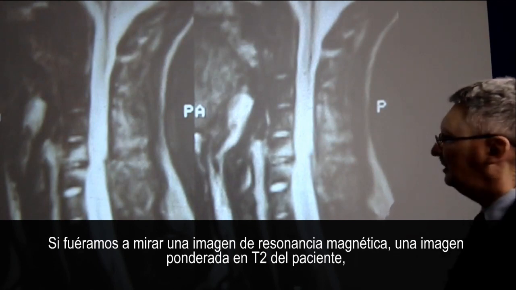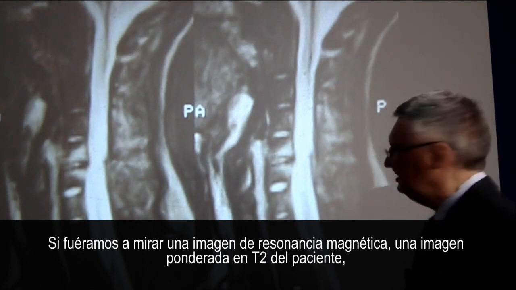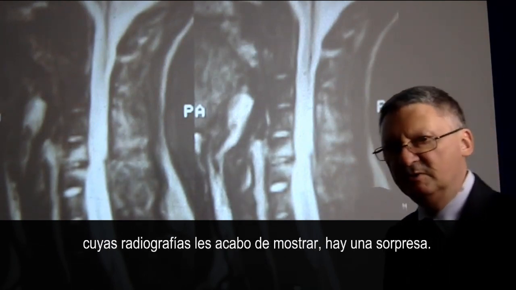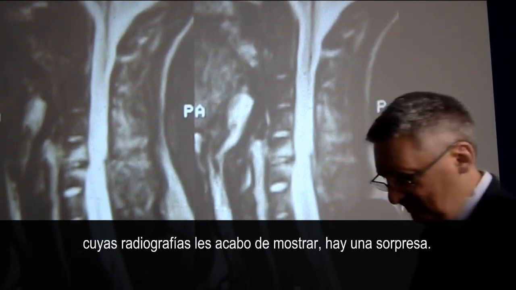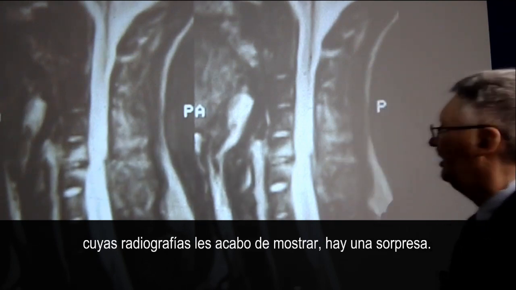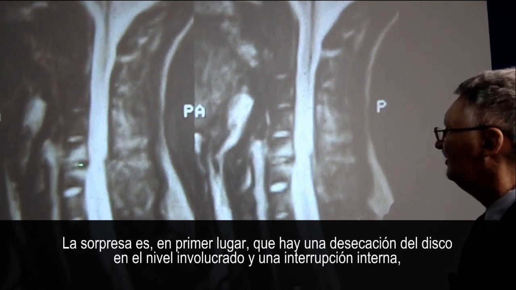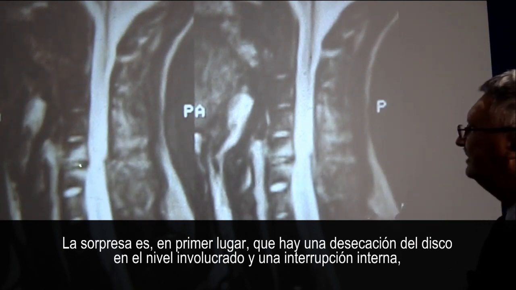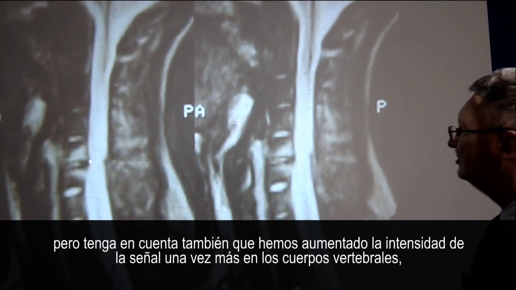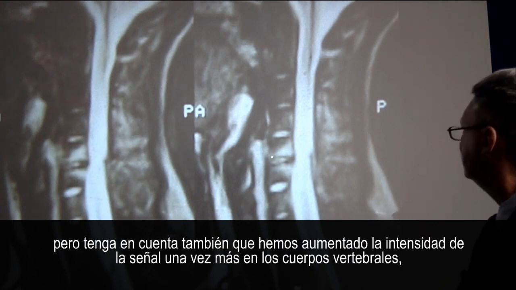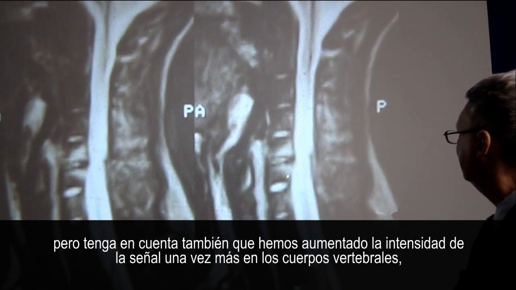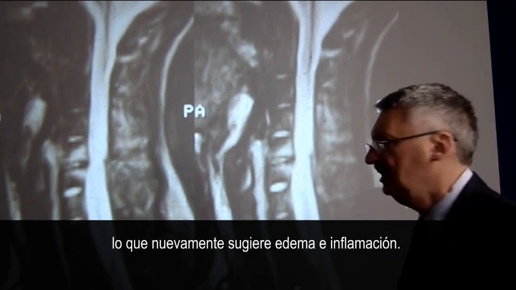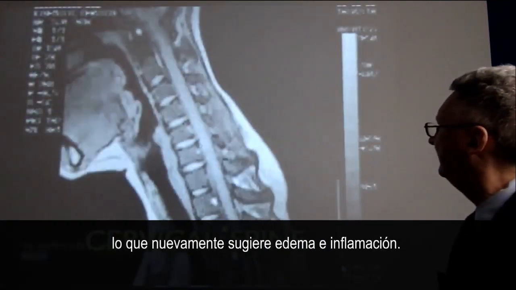If we were to look at a magnetic resonance image, a T2 weighted image of the patient whose radiographs I just showed you, there's a surprise. The surprise is, first of all, there's desiccation of the disc at the involved level and internal disruption. But note, too, that we have increased signal intensity once again in the vertebral bodies, again suggesting edema and inflammation.